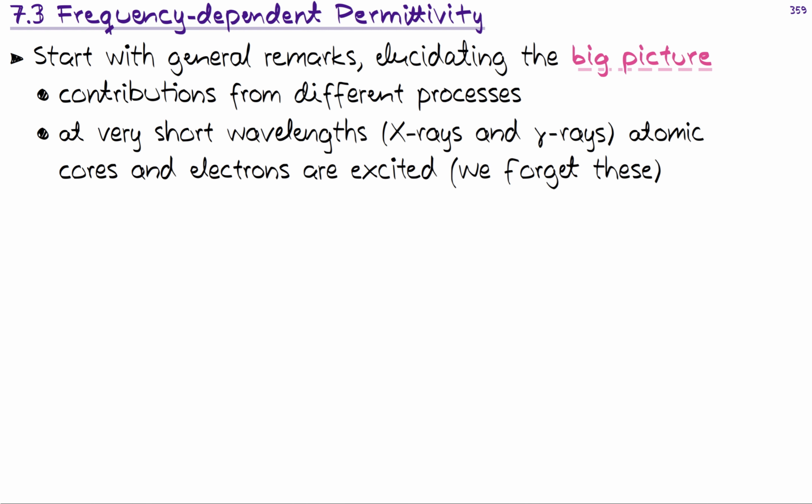But needless to say, at some higher energy regimes, you should really consider what happens for the interaction of electromagnetic radiation and matter when energetic particles or energetic radiation hit our substance.